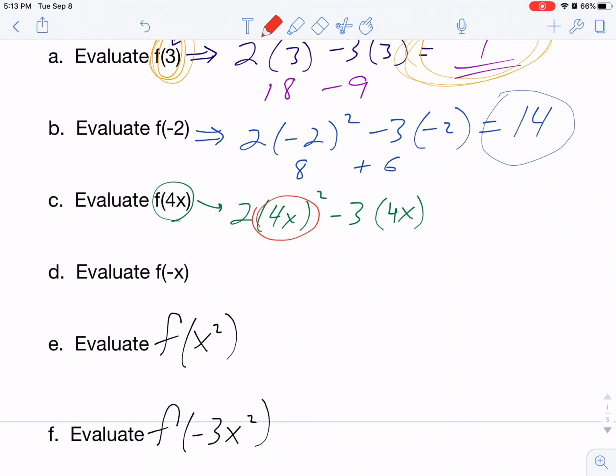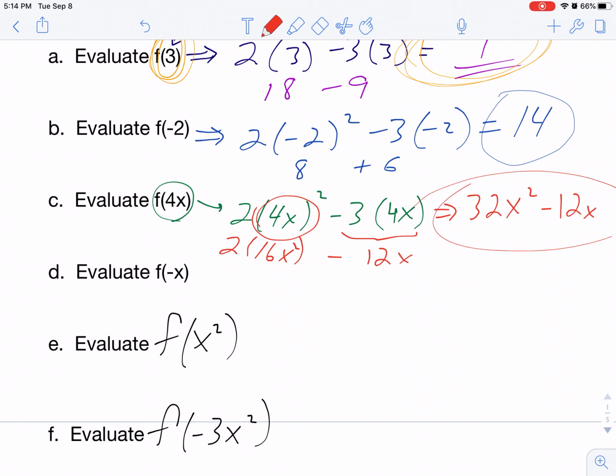Well, from last week's assignment, from the just-in-time review, we know that 4x quantity squared is 16x squared. And then reducing that, times it by 2, gives us 32x squared. And this is just 12x. So this problem has an algebraic expression for the solution.